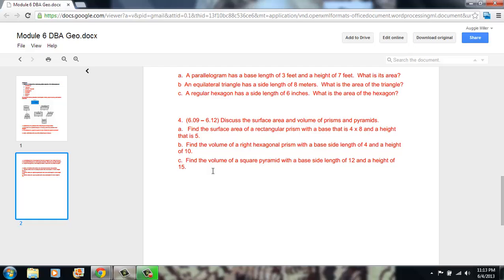So if we plug that into our equation, 2 times the base, which is 4, times 10.2, plus 4 squared will give us 97.6 as our answer for the square pyramid. And that is the end of Module 6. So, yeah.